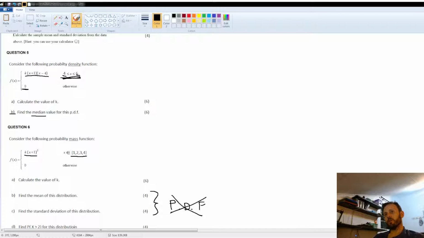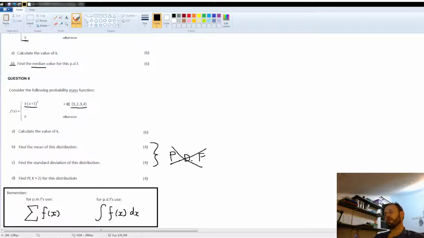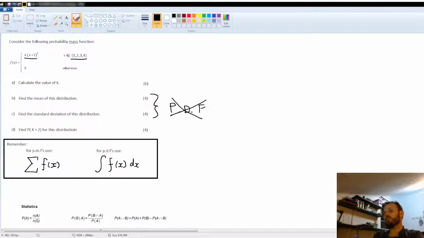The median of a PDF is not the same thing as the mean of a PDF. So they will never ask you for the mean of a PDF just giving you the PDF. They'll have to tell you more. They'll never ask you for the standard deviation of a PDF just giving you the PDF. They'll never ask you that. It'll always be for PMFs.